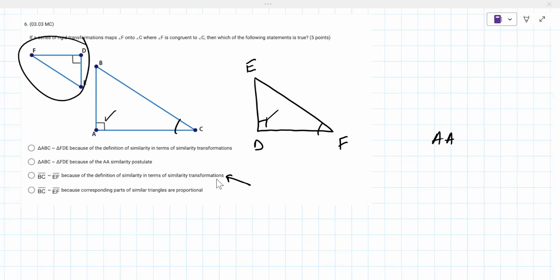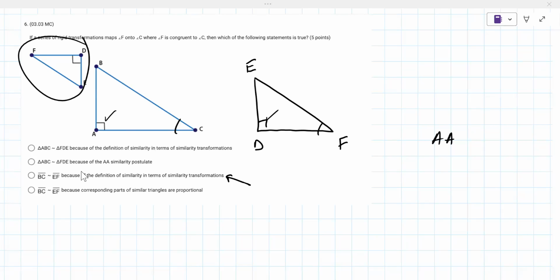Yeah, I mean, I'm seeing similarity transformation as being okay. But the problem I have here is the triangle letters are wrong, so it can't be. Because you're talking about A, B, C, and then F, D, E. Yeah, it should be, if it's A, B, C, then it should be D, E, F. Yeah. It's not right.